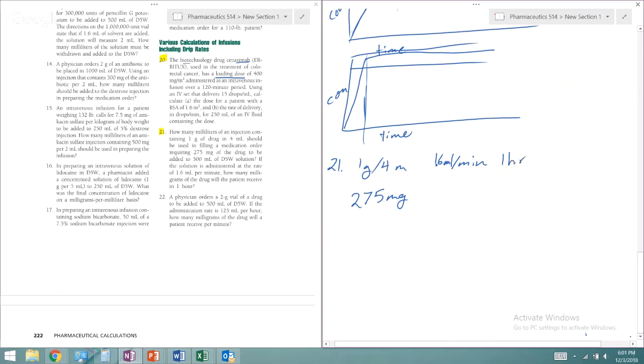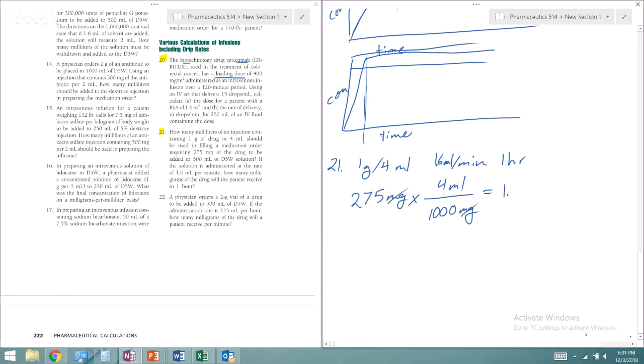So I'm going to take this. Oh, no, it's not milliliter or milligram, it's milliliter. Take this and figure out how many milliliters that we have to give them. You're going to change gram to milligram.